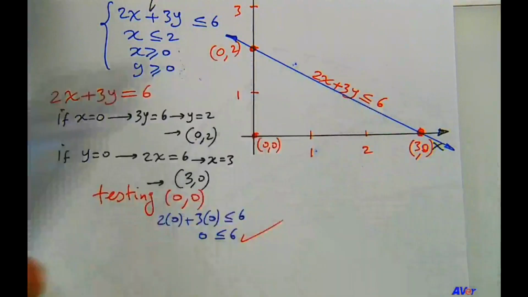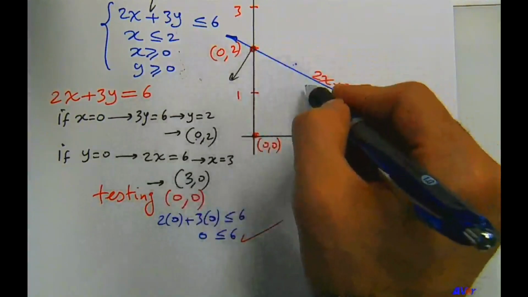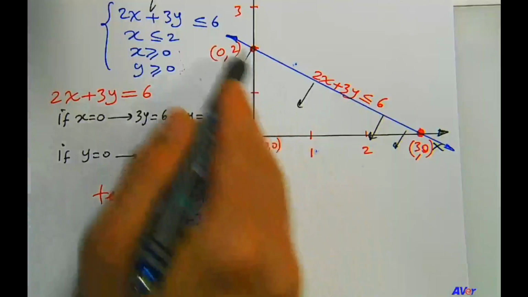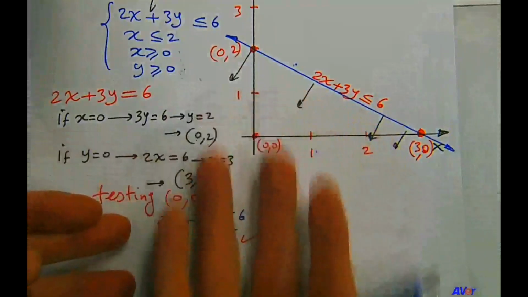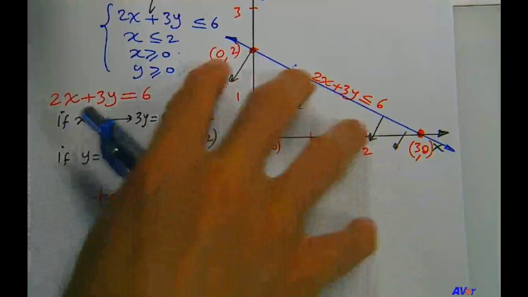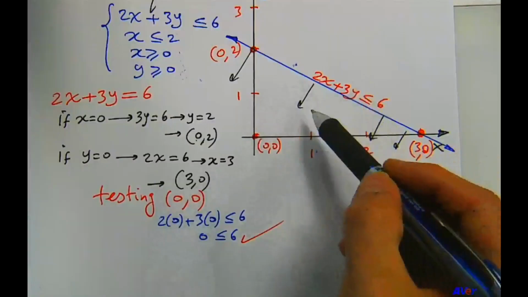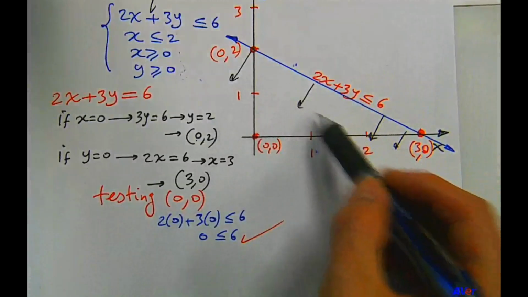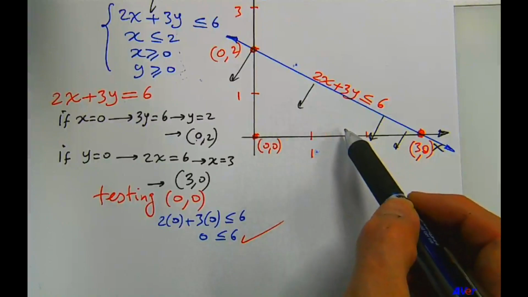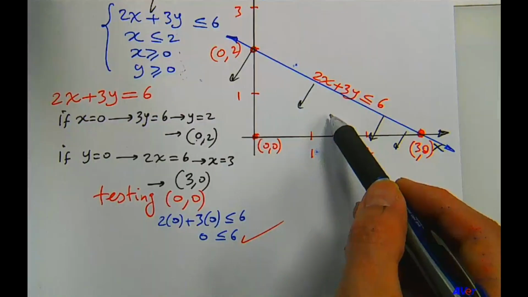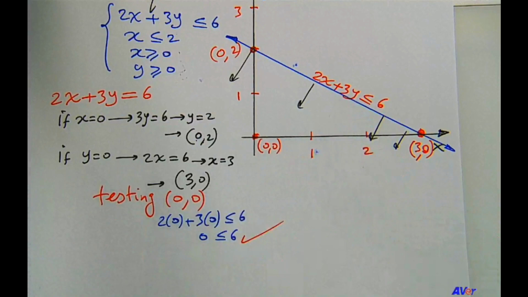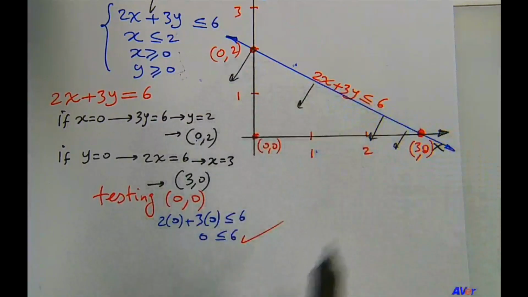So the same side as the test point is the solution of that inequality. All this region is the solution. I'm not making this shade darker than this because this is not our final solution, right? The final solution would be the overlapping region. I will darken that one, but not this one. Just a few arrows would be sufficient.